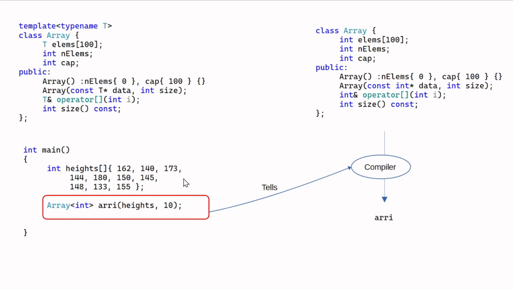So it has two things happening. First, the first part of this statement tells the compiler to instantiate the template class to create a concrete class, and afterwards that concrete class is used to create an object called arrI.